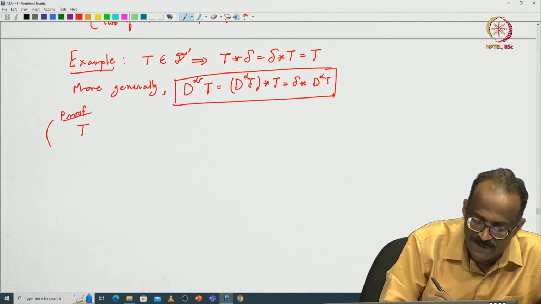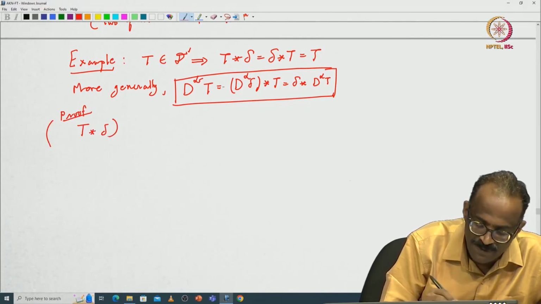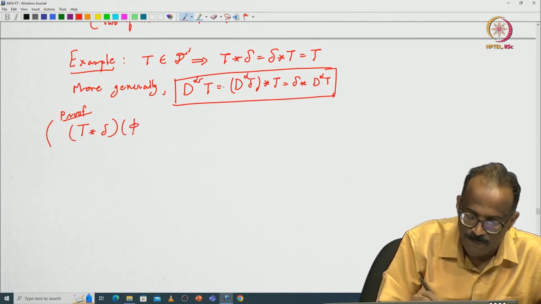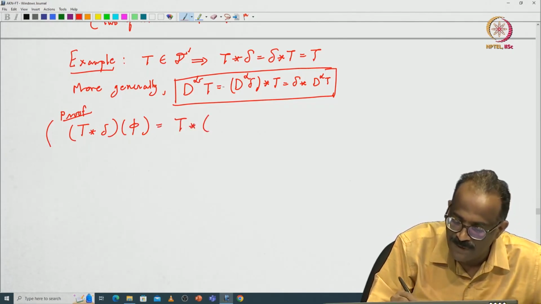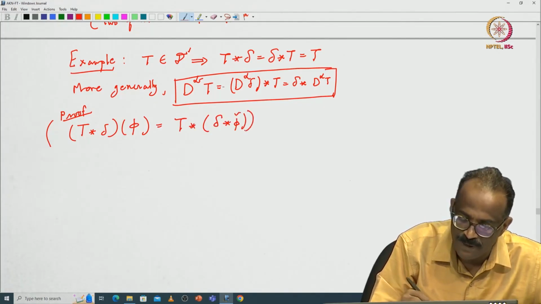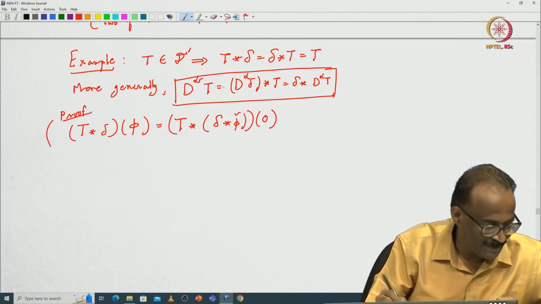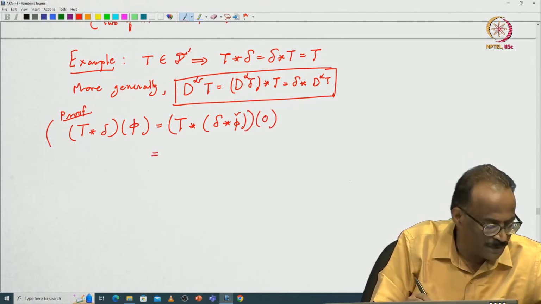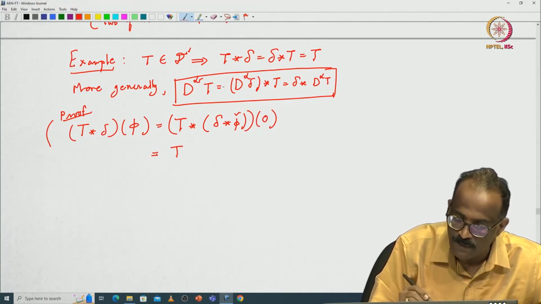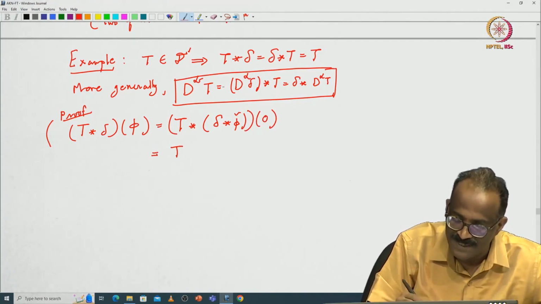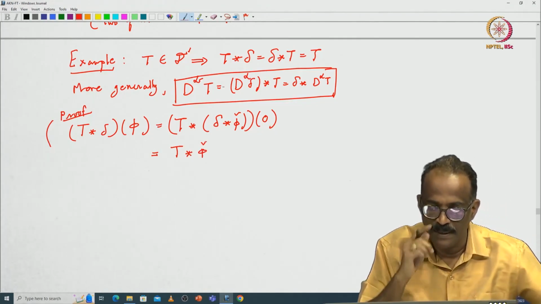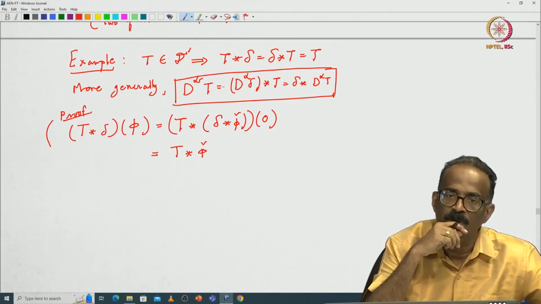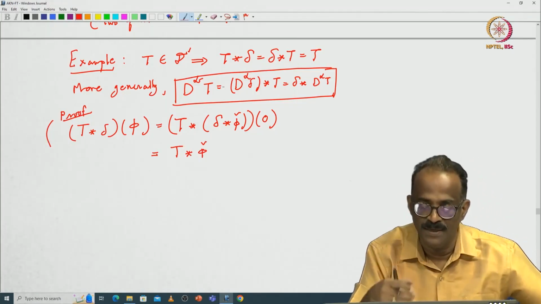It's an exercise. So T star delta, one part, let me at least write it. Applied to phi it is equal to, by definition, T star of delta star phi evaluated at 0, and that's equal to T of delta star phi, and delta star phi is phi.